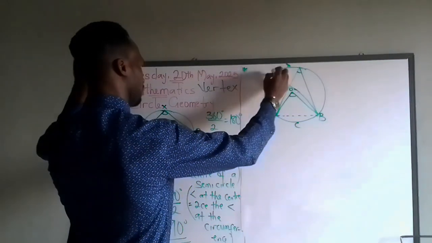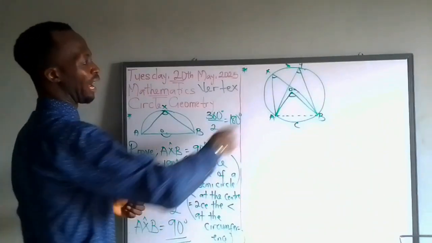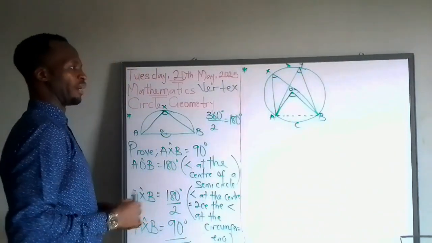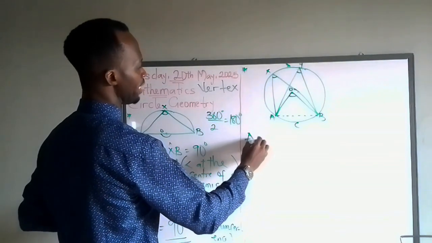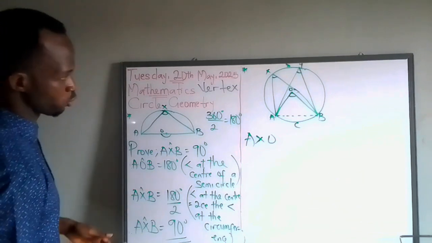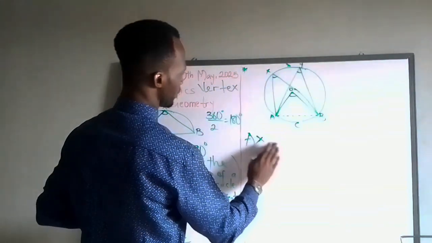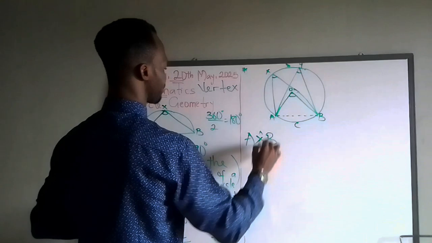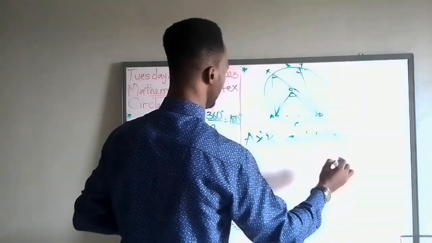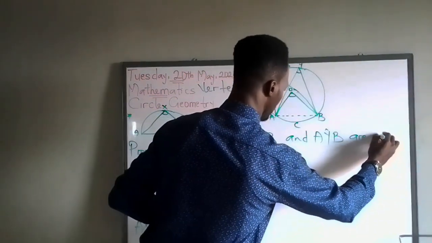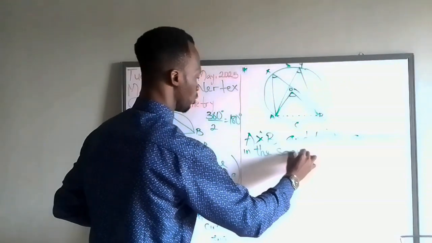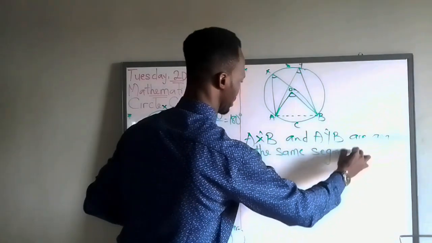Let's say this is X, and this is Y. There is an angle at X, and there is also another angle at Y. So we say that angle AXB, since this extends to B, and angle AYB are angles in the same segment.